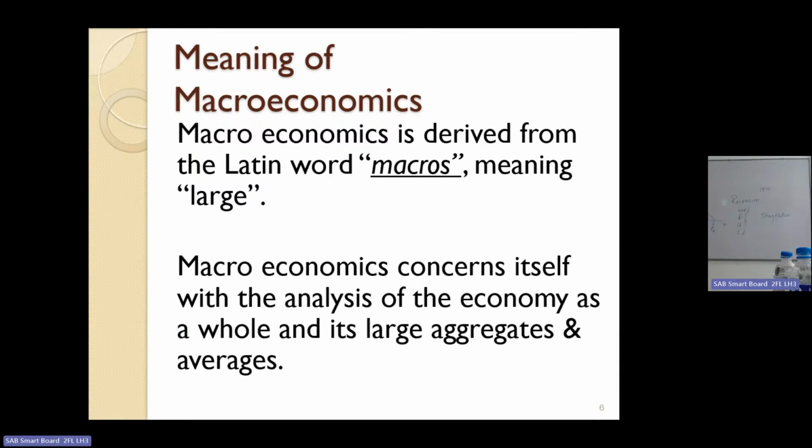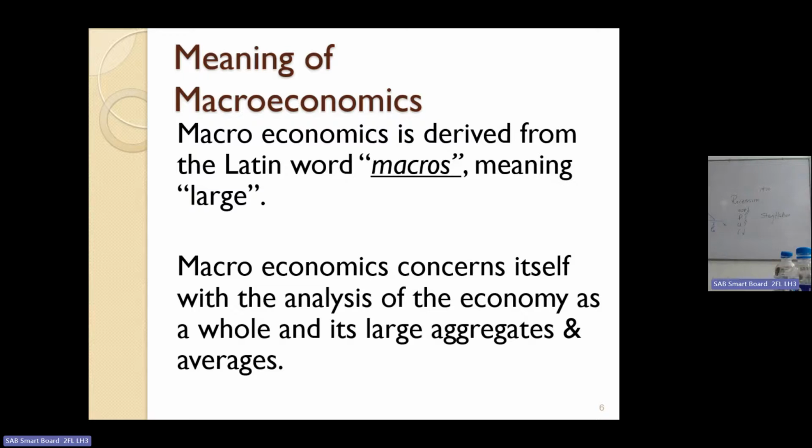Micro and macro are Latin words. Macro means something large, where we look at the economy as a whole. It's like a satellite view, not a telescope. If you use the telescope, it's micro: you look at the close surroundings and want to look in a deeper way.